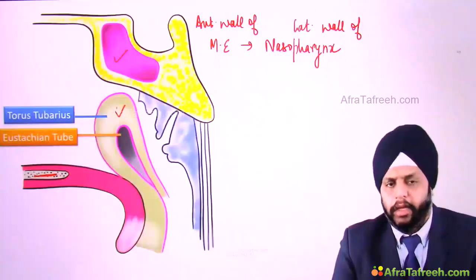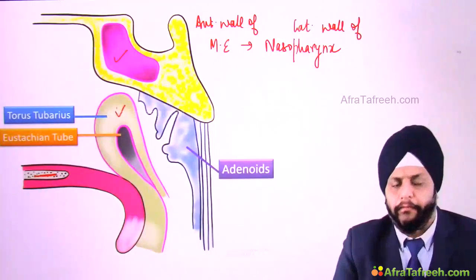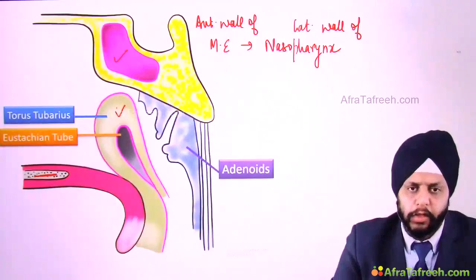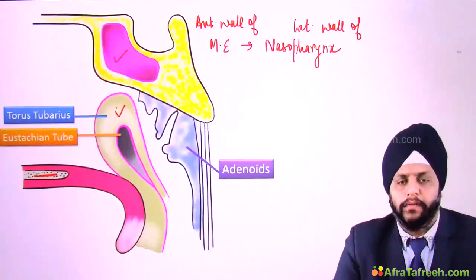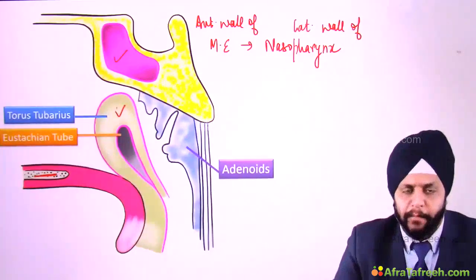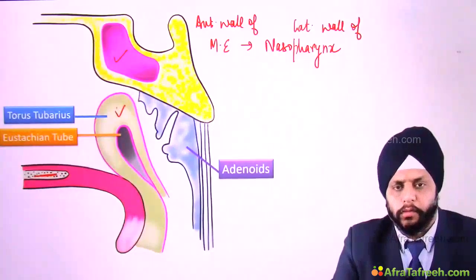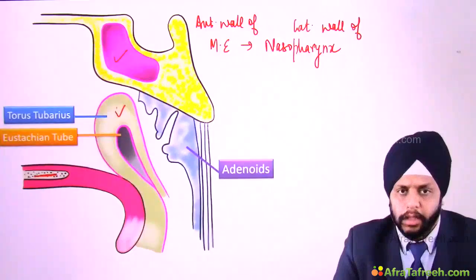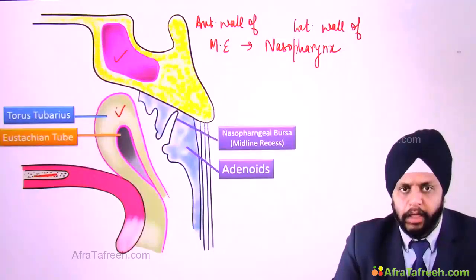Now another important structure that you can see in the nasopharynx is the lymphoid tissue in the posterior superior wall of the nasopharynx, which we call adenoids. You can see over here I have marked the adenoids. Now what do you see in these adenoids?